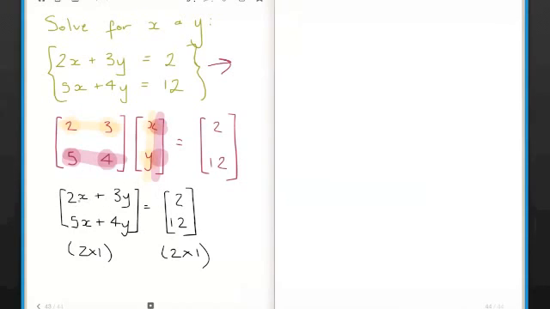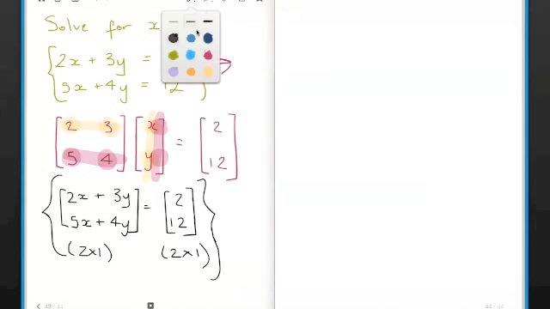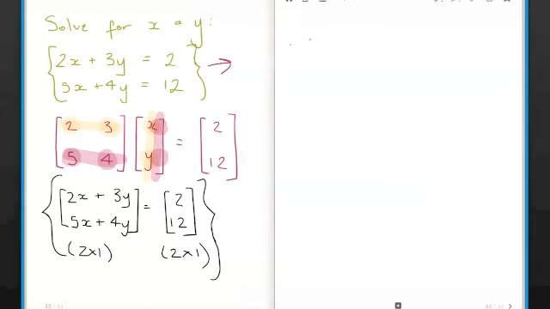So we need 2x plus 3y to equal 2, which is what we have here. That's one of our equations. This is just for your own benefit to see that I'm not lying to you. That's not actually part of our calculations. So I'll write this fresh now that I've drawn all over it.